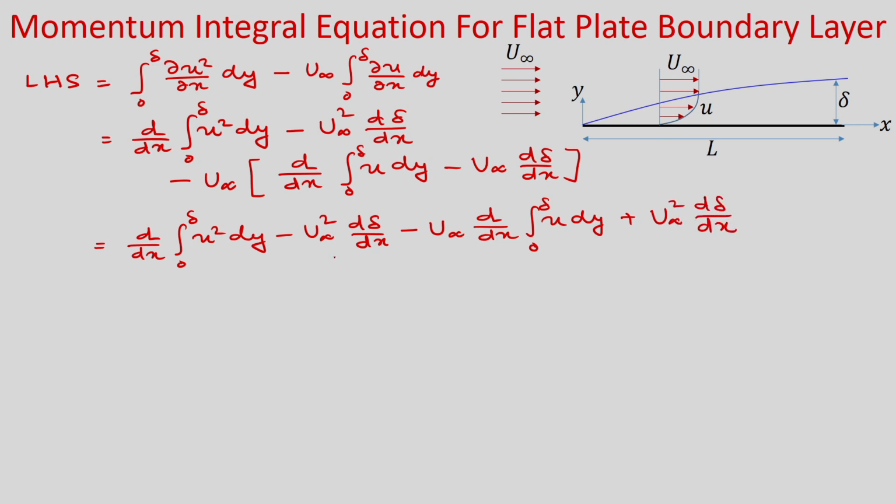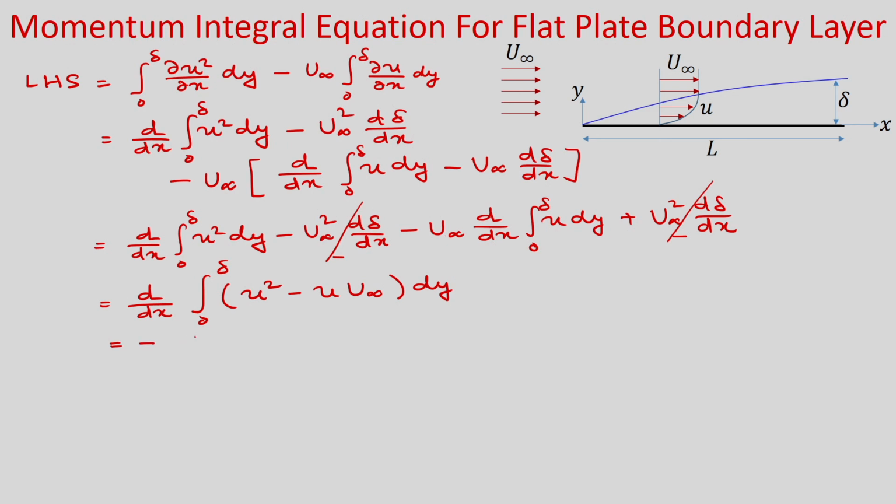Okay. So, you can see this term and this term will get cancelled. So, finally, we will get d/dx of the integral from 0 to delta of u square, and here u infinity is constant, right, so we can take it inside the integral. So, we can write minus u infinity u dy.